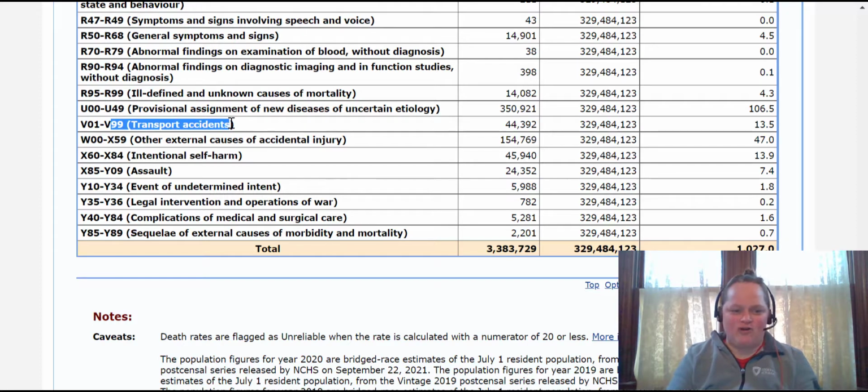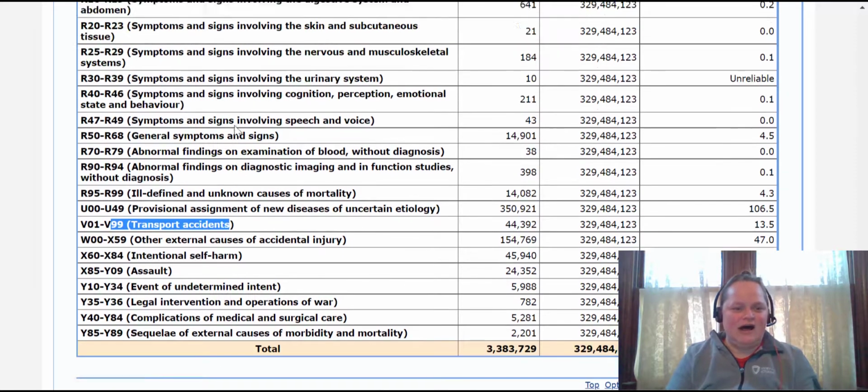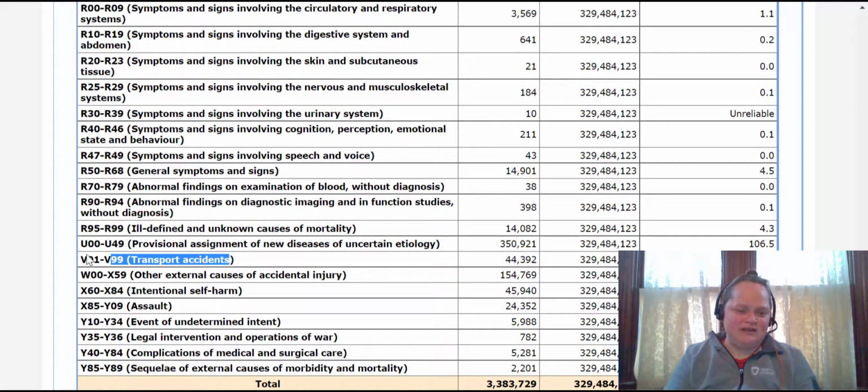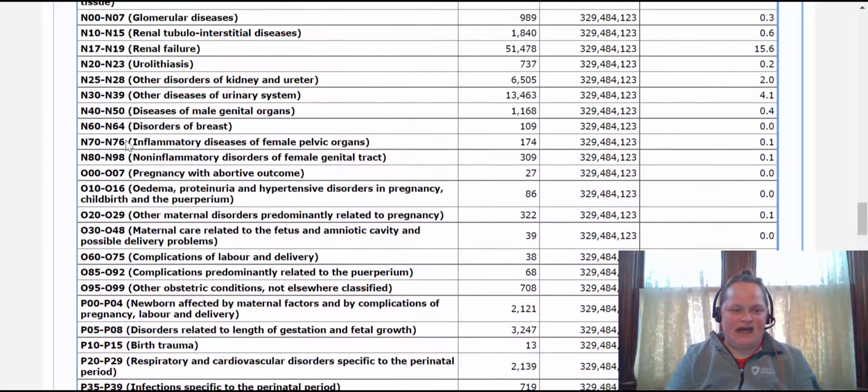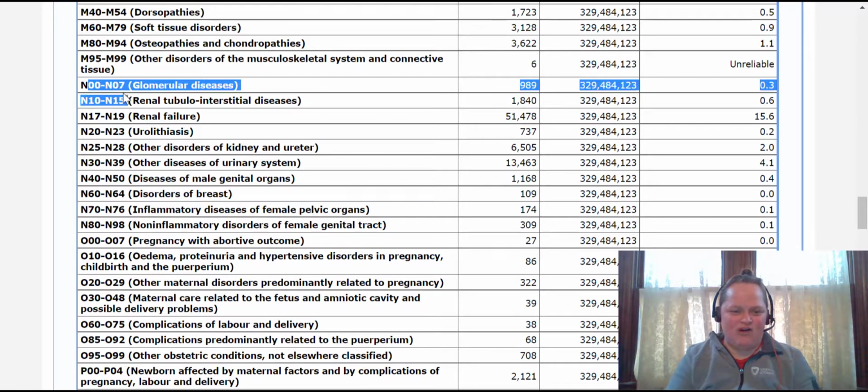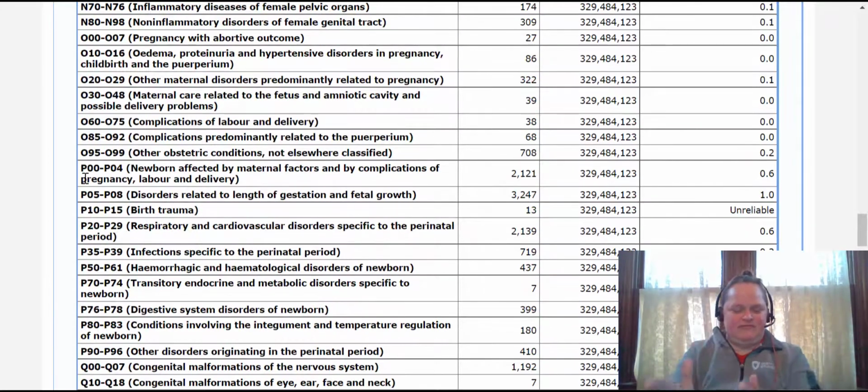Transport accidents are the V's. There we go. Or V01 through V99. So it's a letter and then two digits. And for subchapter, you can see that you can have parts that are divided up into little bits.